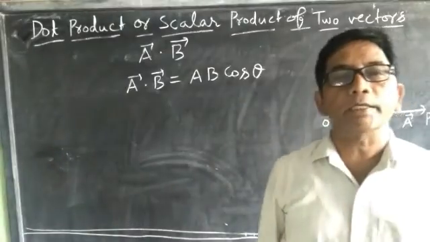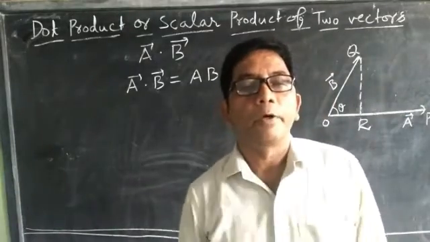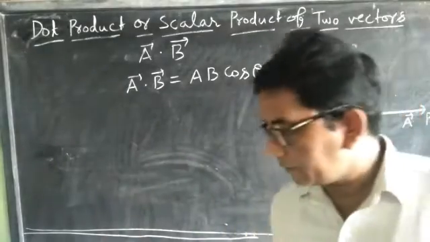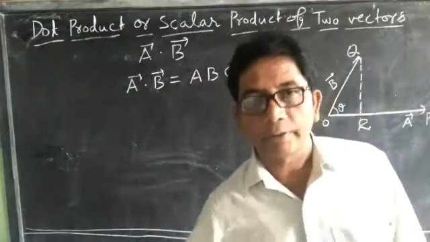Now geometrical interpretation of the dot product of two vectors. How can we geometrically express it?